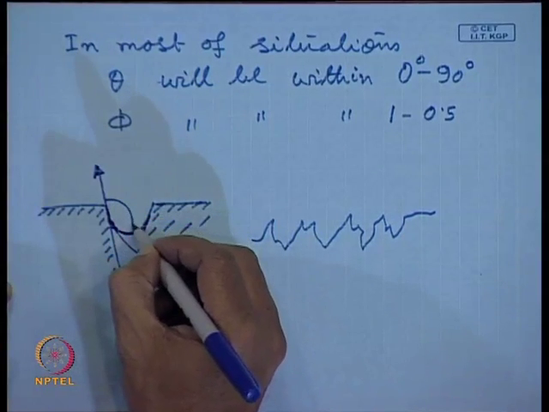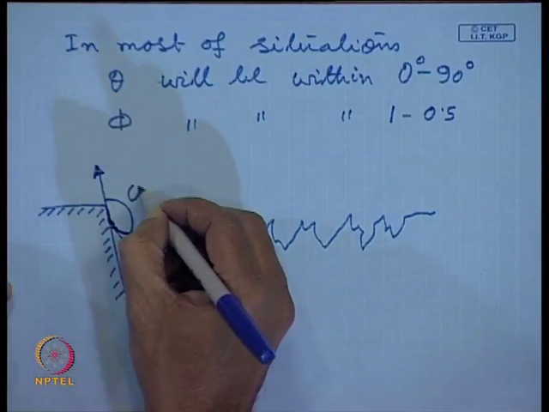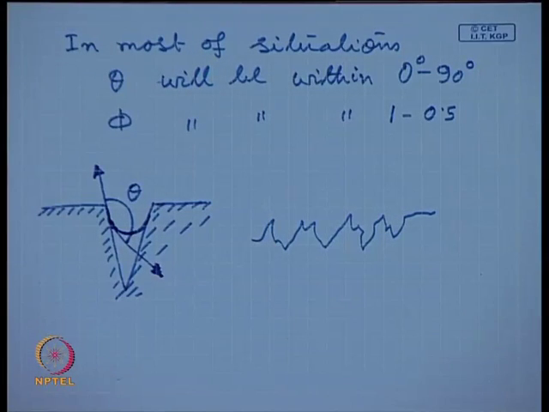So, the angle is something like this, this is your theta angle. So, this angle is now having a large value, this theta is now having a large value. So, for this large value, the factor phi will have a small value and we will reduce the degree of superheat.